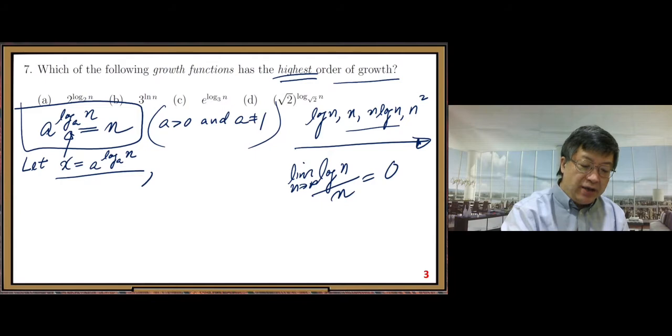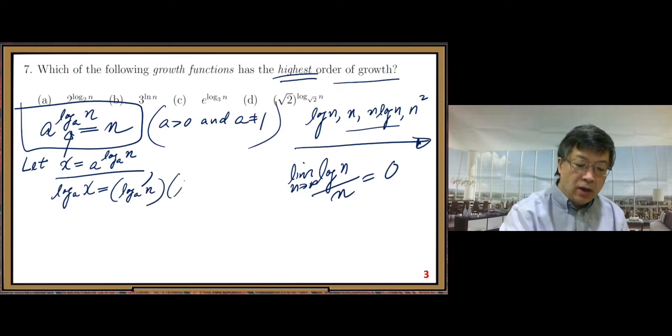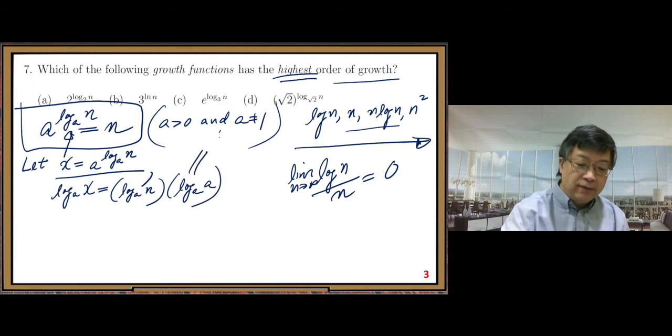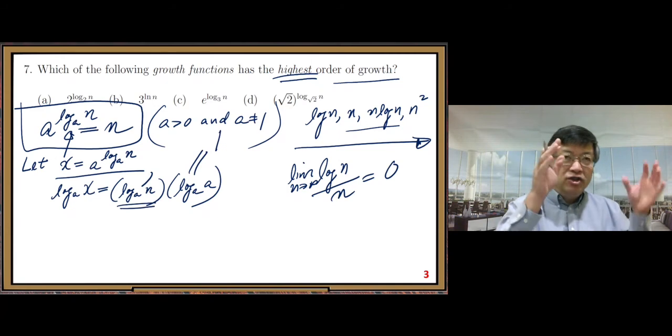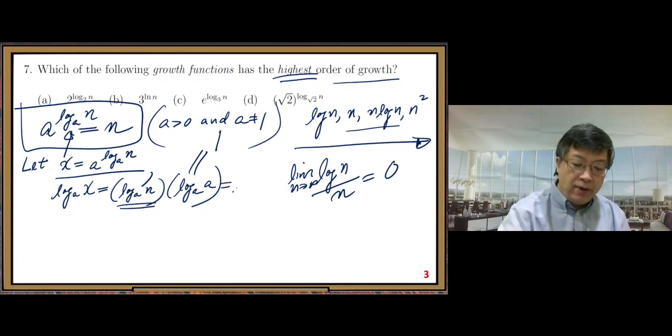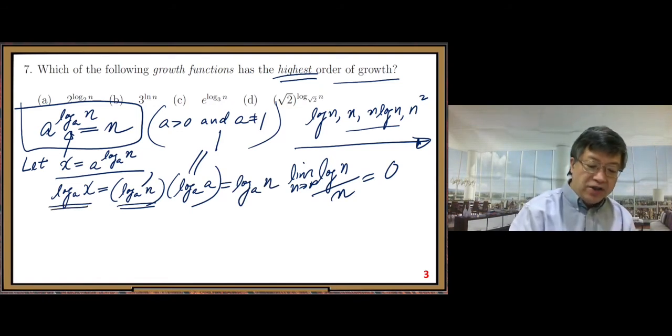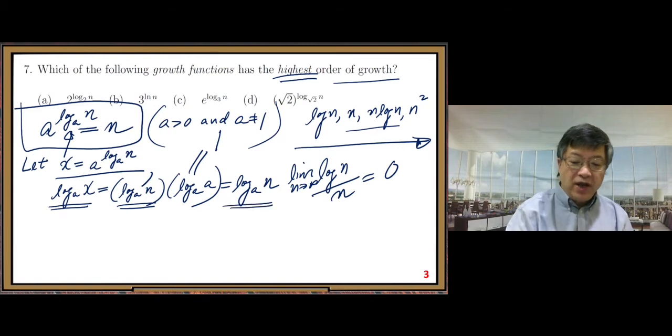The left-hand side is log base a of x. The right-hand side is log base a of n times log base a of a. Log base a of a equals 1, right? So 1 times log base a of n, the same number. So you compare: log base a of x equals log base a of n.